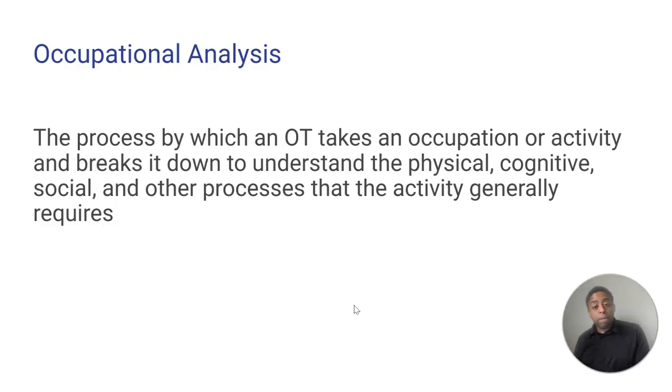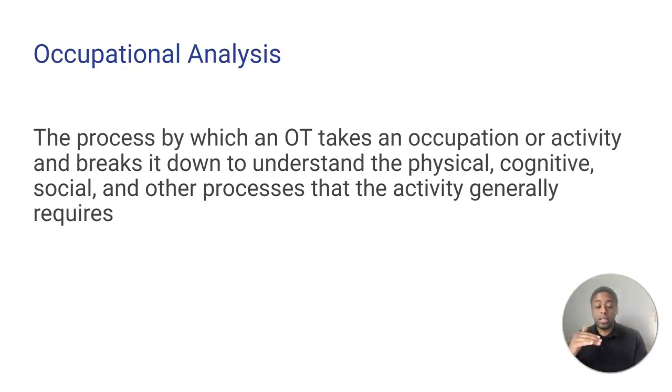All right, so occupational analysis. Right now we're going to transition into the different assist levels that we've talked about a number of times during our semester. In talking about the assist levels, I'd like for everyone to think about occupational analysis, right? Occupational analysis is something that we do on a day-to-day basis as occupational therapists.